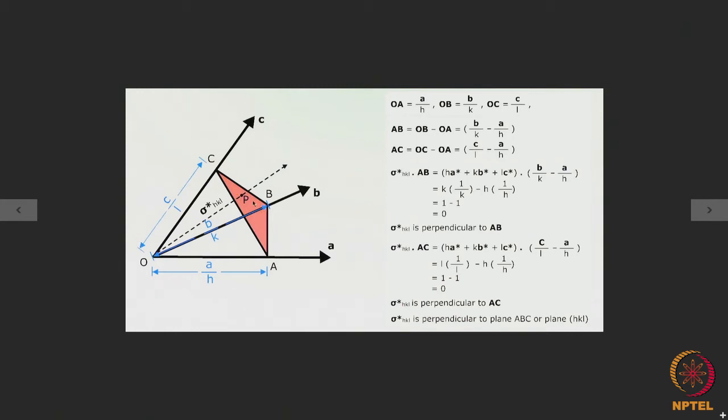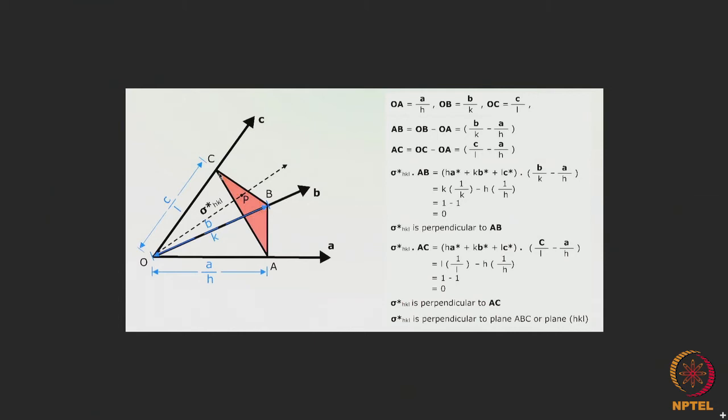Now, if we plot a plane in this real lattice, and if it is an HKL plane, then what will happen? This intercept will be equal to a by h, this intercept will be equal to b by k, this intercept will be equal to c by l.